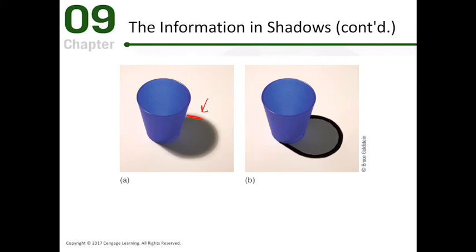You can try this at home: take a cup and put it on a sheet of paper, then draw the penumbra with a black marker, and notice that it changes your perception of that particular shadow. Our visual system needs to be able to detect this fuzzy part in order to realize that this is indeed a shadow.